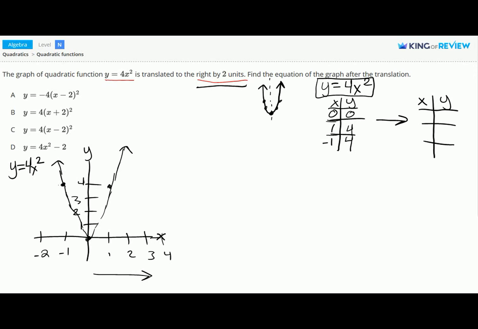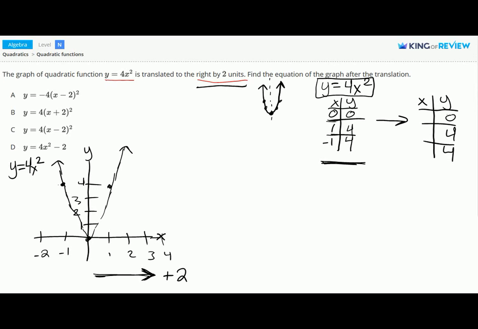It's just moving to the side. And specifically, it's moving to the right. Therefore, we know our x coordinate is going to change. It's going to be adding a 2 to our x coordinate. So since the y's stay the same because our points are not moving up or down, we'll fill these in. They're the same y coordinates as on our parent table of values here.